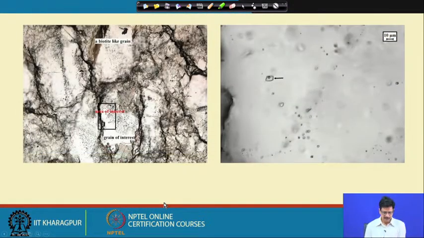Now this is an example again from the same Ramagiri Penakacherla area to show the aggregate of quartz, and there are many such quartz grains present here.